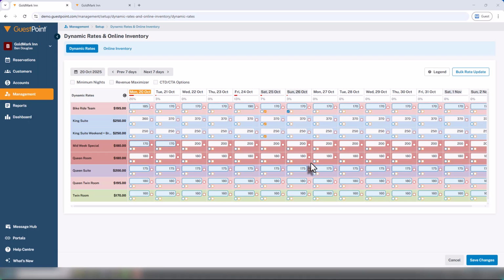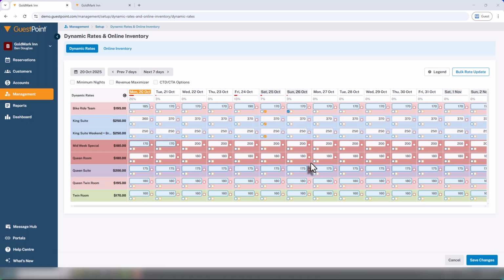Looking at our Revenue Maximizer tab, we can set and forget rules that will drive higher profitability. We need to always reevaluate how the Revenue Maximizer is working. Is it putting the rate up on dates where we don't want it to? Or is it reducing rates on days where we think we're going to sell out?